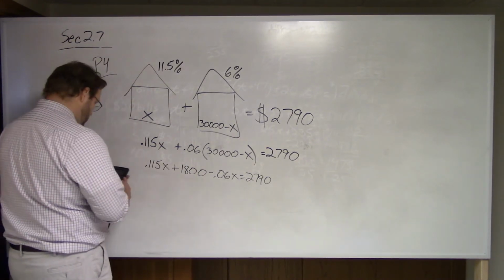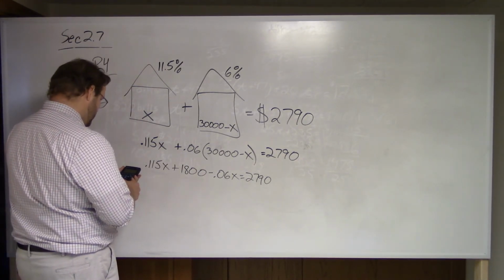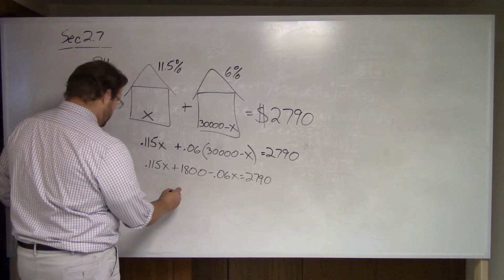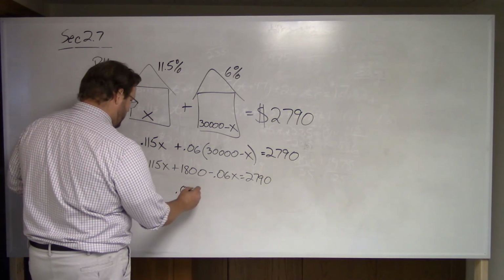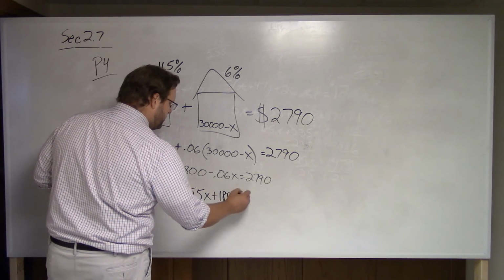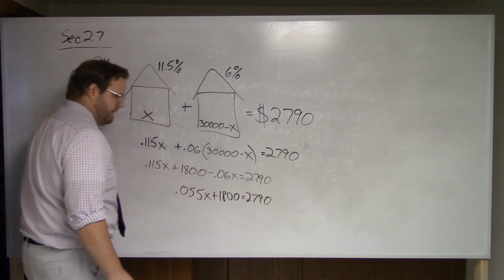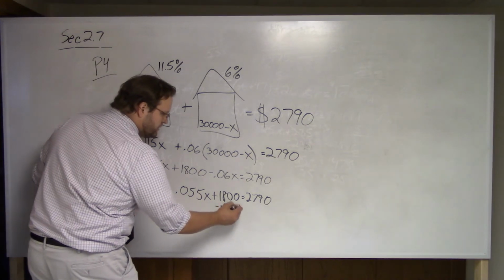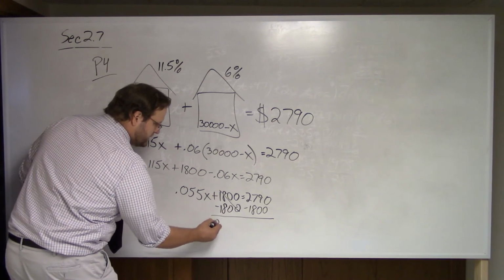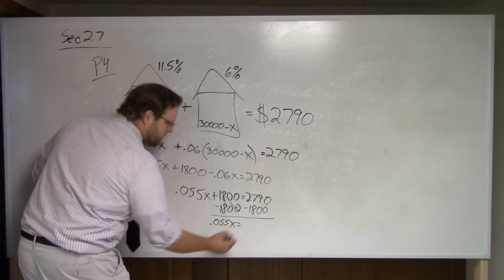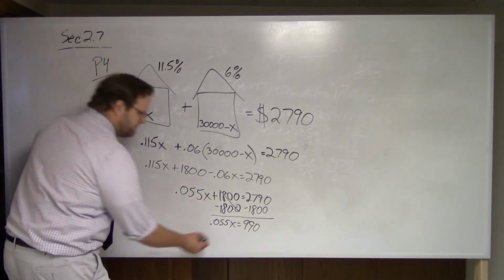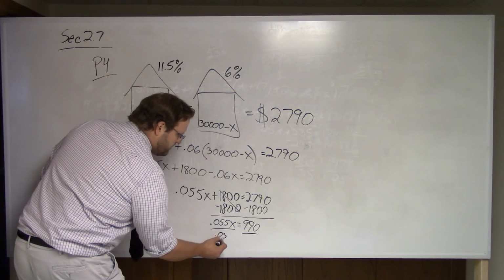Next, 0.115 minus 0.06 is 0.055x plus 1800, and then subtract 1800, 0.055x equals 990, and divide by 0.055.